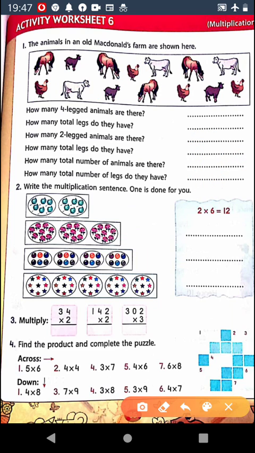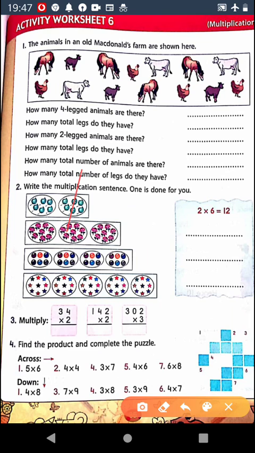Now next is, write the multiplication sentence. One is done for you. Okay, you have to write a multiplication sentence. That means this is multiplication by grouping. Like here, for one example, there are 2 groups, each having 6 maybe cups or something.